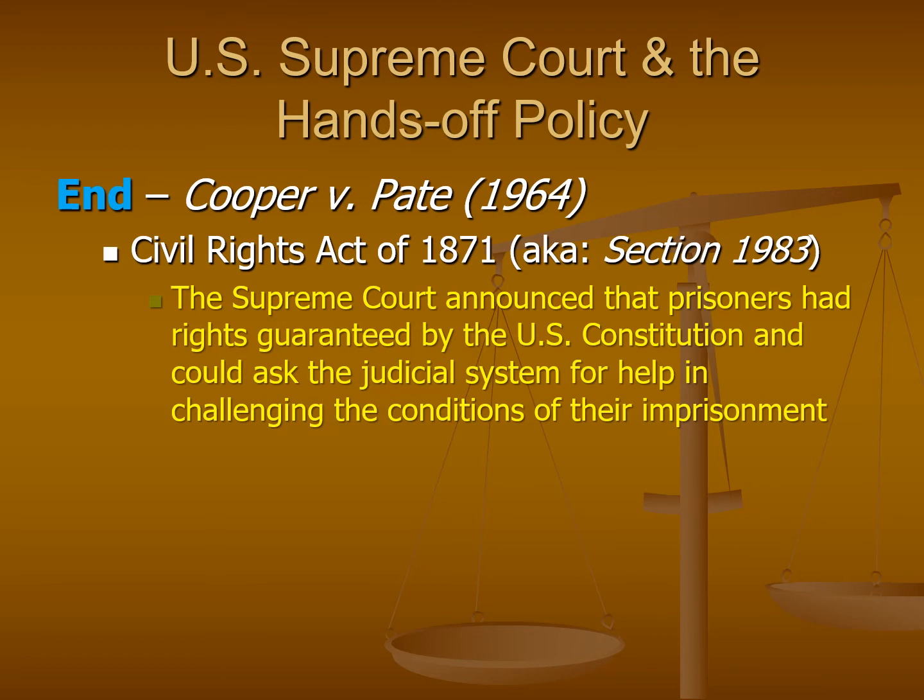But what you can see here is they're referring back to the U.S. Constitution, the highest law of the land. And as you can also see here, it doesn't guarantee that those individuals are going to have their rights represented or actually appreciated, but rather it gives them the opportunity to at least ask the judicial system for help.